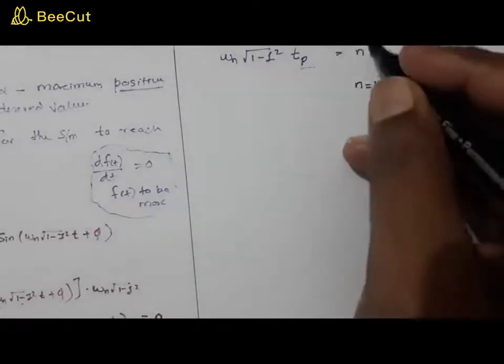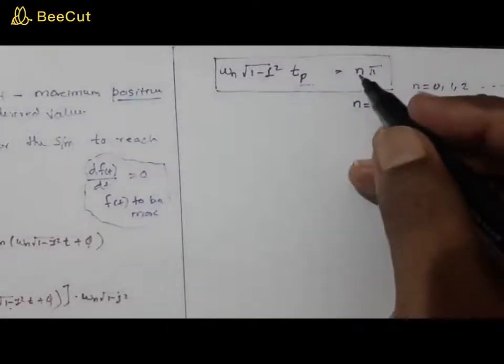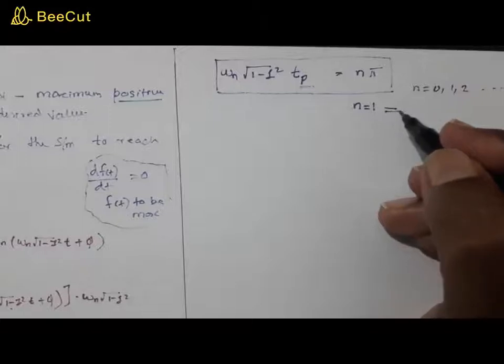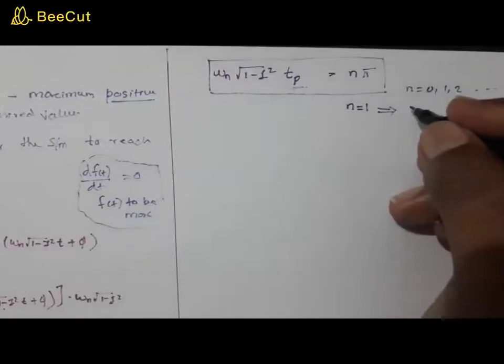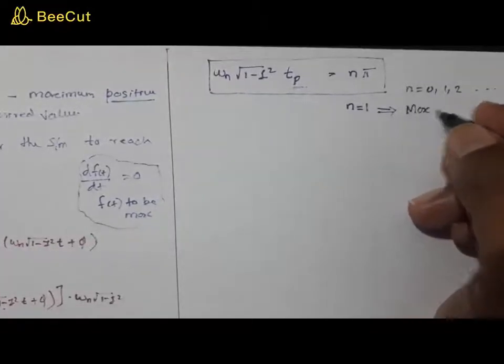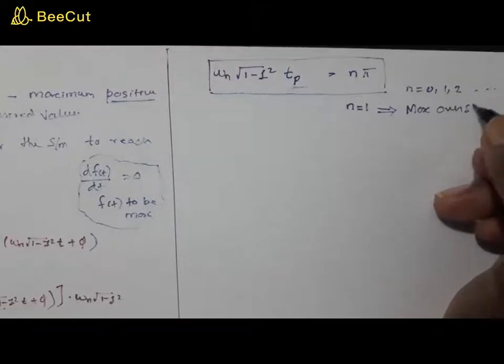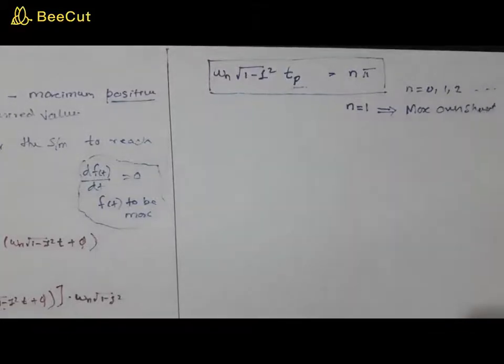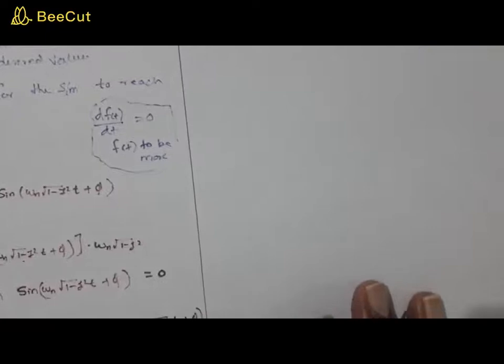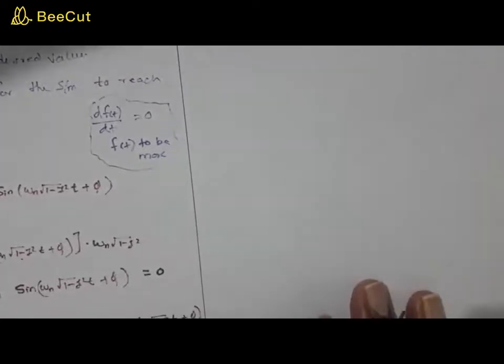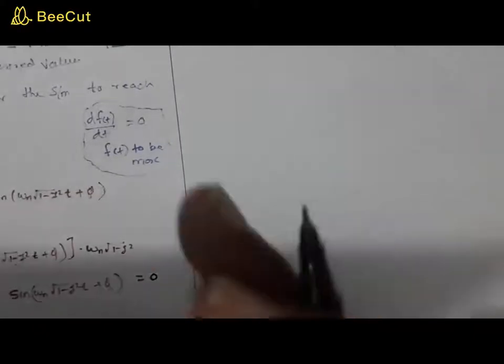So mind you, this equation is very important for the maximum case. Now in the maximum case you have a value n. When you put n is equal to 1, that is your maximum overshoot. Now what is this called?